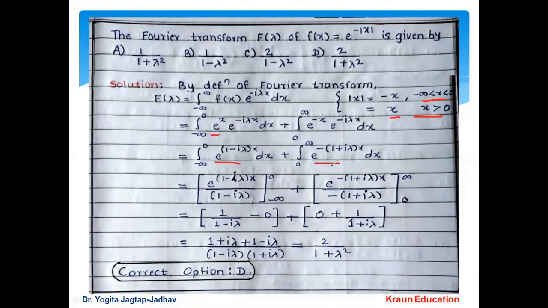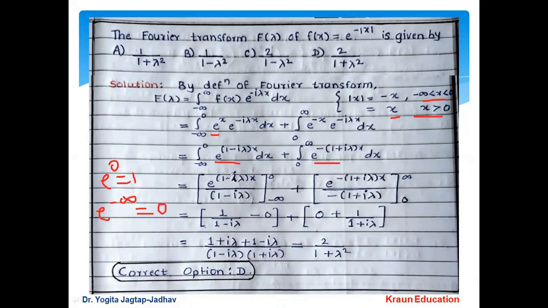Same thing we can do here. The integration of e raised to minus of 1 plus I lambda x is what? e raised to minus 1 plus I lambda x upon minus of 1 plus I lambda with the limits from 0 to infinity. Now you well know what is the value of e raised to 0? It is always equal to 1. Also, you know the value of e raised to minus infinity is always 0, right?